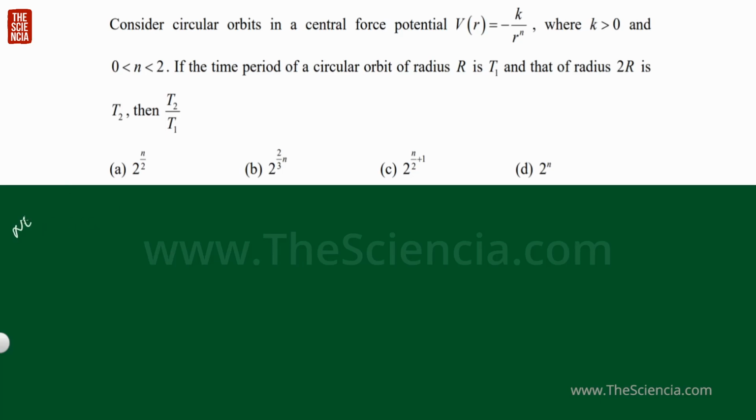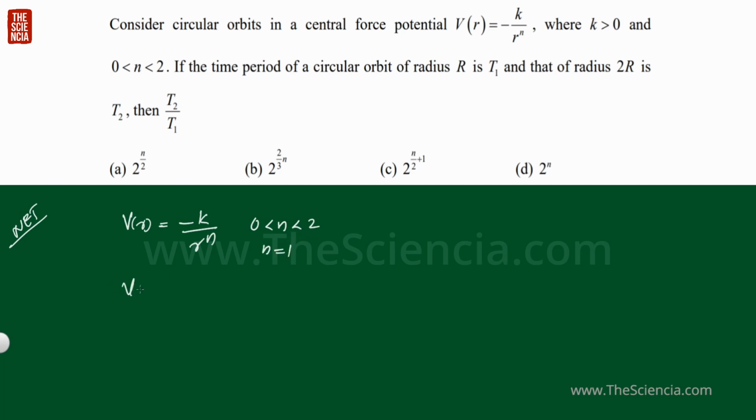This one is a previous NET question, and here one potential is given, that is V of r equal to minus k by r raised to n, and it is specified n is between 0 and 2, that means n is equal to 1.